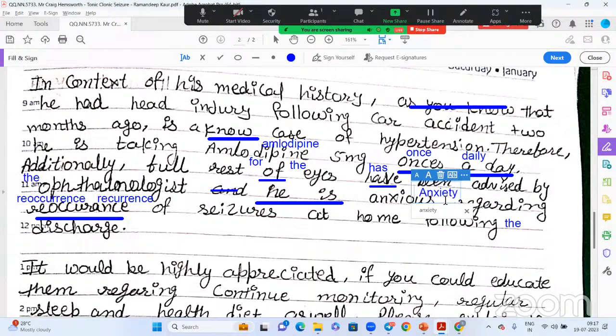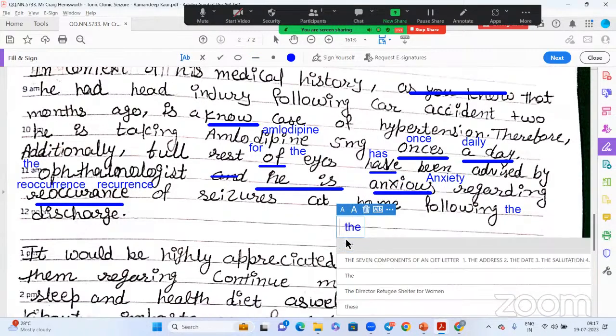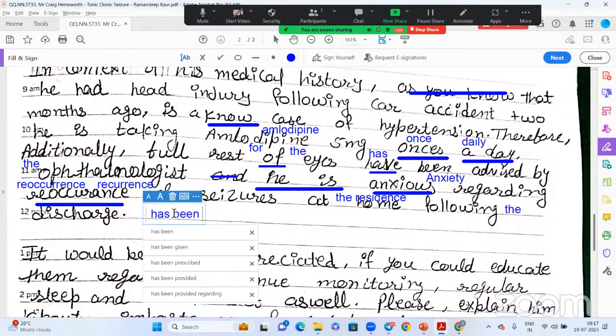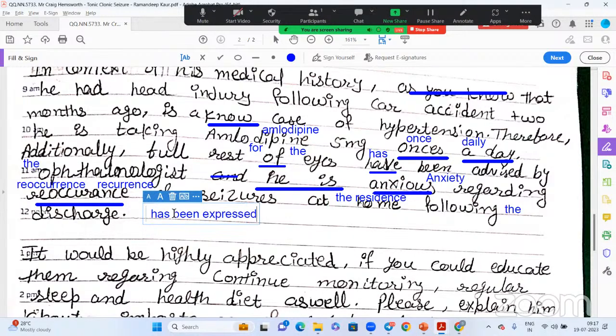Anxiety regarding the recurrence of seizures at the residence post-discharge has been expressed. Full stop.